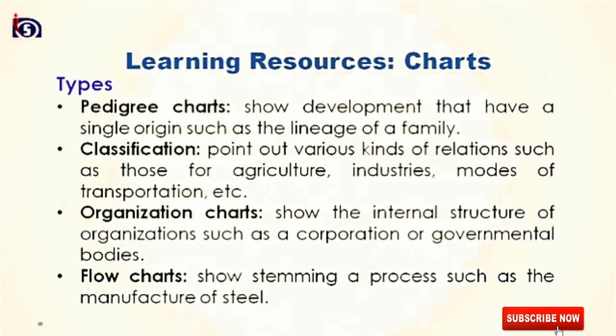Organizational charts show the internal structure of an organization, such as a corporation or government bodies. Then we have flow charts, the most popularly used type of charts. Flow charts show the steps of a process such as the manufacture of steel, how steel is manufactured in an industry.